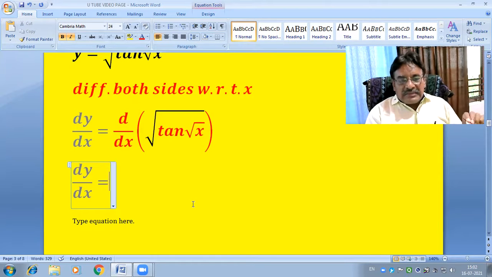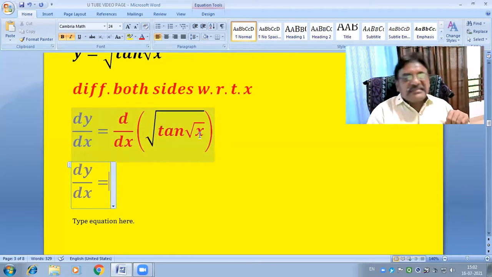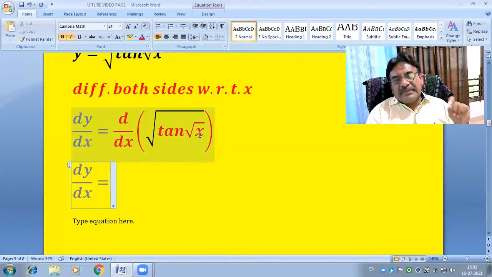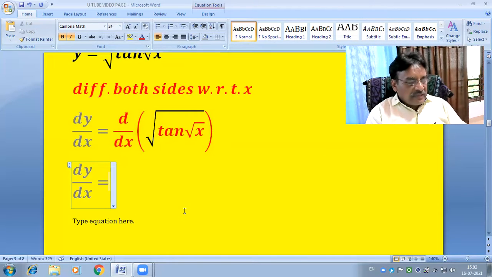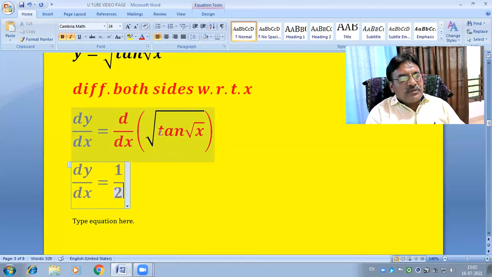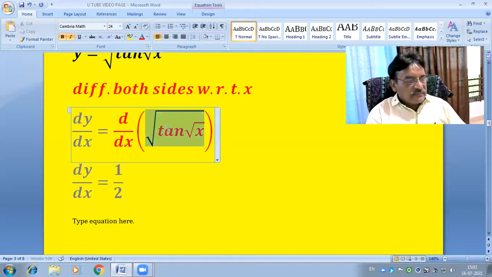By using this result, with f(x) replaced by tan root x, we get 1 by 2 root tan root x.